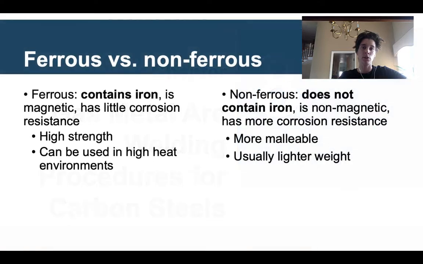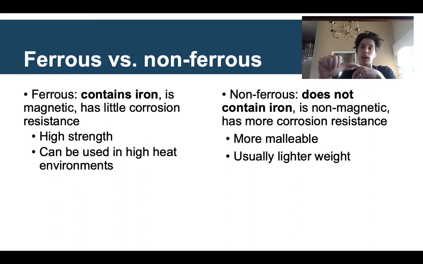Chapter 8, if you're in your book. A couple of vocab words here: ferrous versus non-ferrous. These are two different kinds of metal. Ferrous metal contains iron, that's the biggest thing, is magnetic, and has little corrosion resistance. It's good because it's high strength and can be used in high heat environments. That's everything that we're working with, unless we get into aluminum. Pretty much everything we're working with is going to be ferrous.